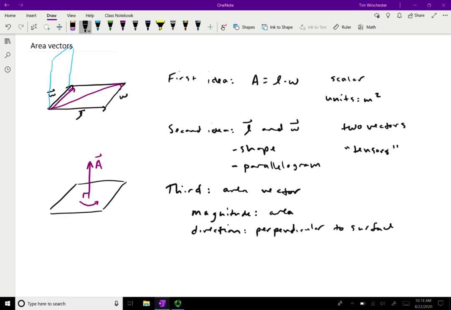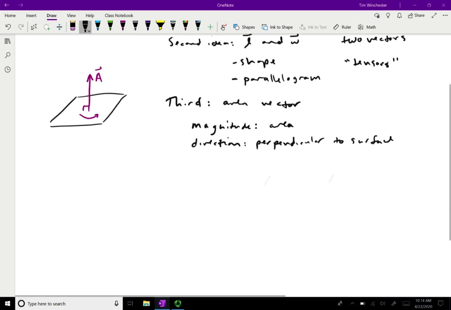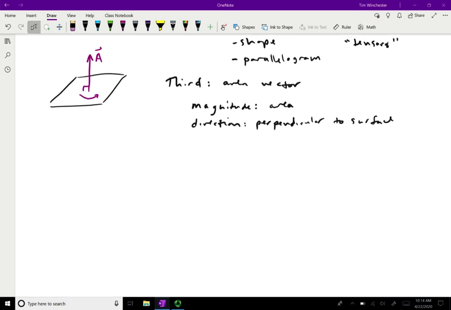But what if we have a curved surface? Suppose that we have some surface like this, and we want to represent area vectors for this surface. It turns out what we want to do is just imagine breaking up the surface into little pieces. Each little piece is going to be basically flat if I make it small enough.